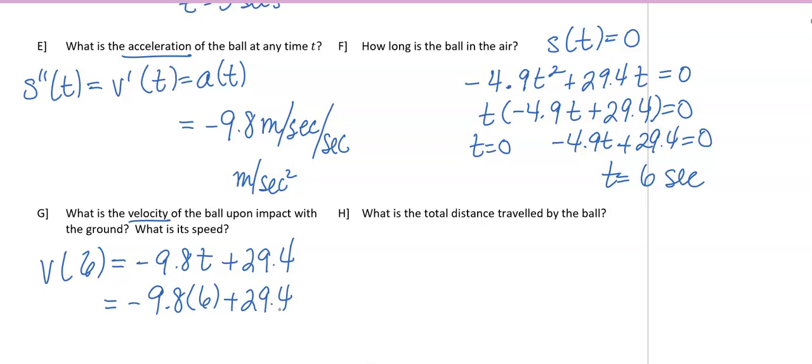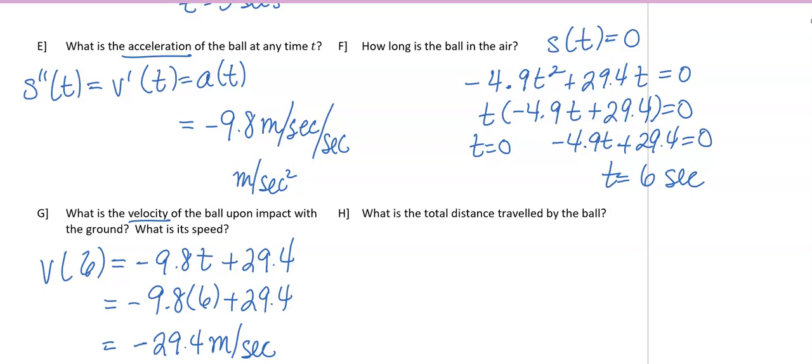And that answer should be negative 29.4 meters per second. All right, velocity. The negative lets me know that the ball is dropping.